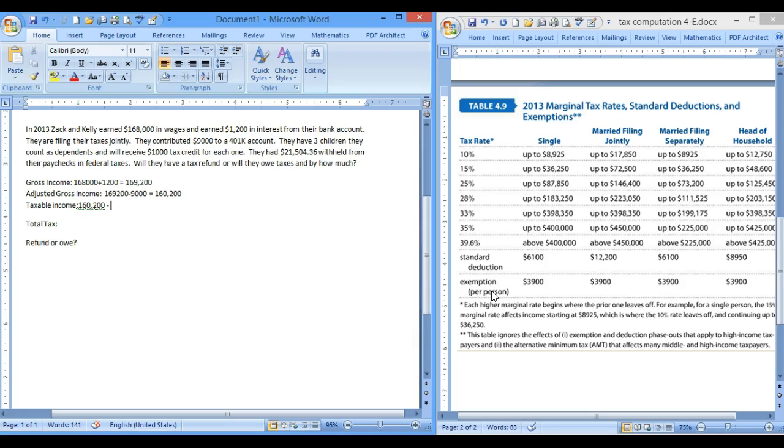This is per person in the household that they are claiming as dependent, and themselves. We have Zach, Kelly, and 3 children. So we take this exemption of 3,900 times how many people? 5.